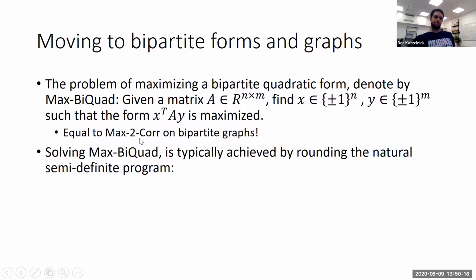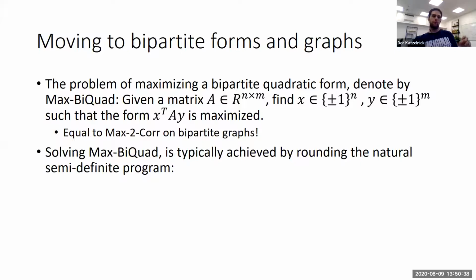Okay. So how do we solve this MaxBiQuad problem? You usually do it by rounding the natural semi-definite program. What is the natural semi-definite program? Instead of plus or minus 1 signs, you have unit vectors.